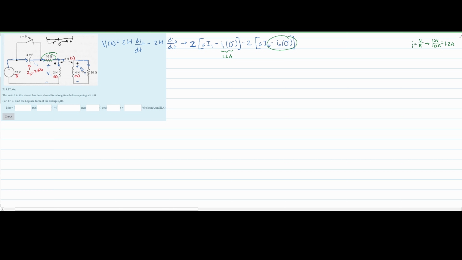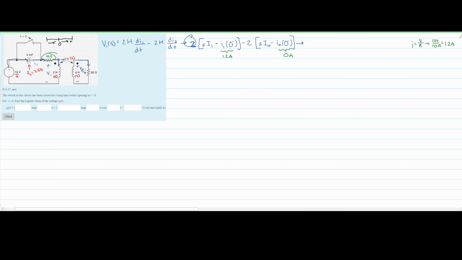Now for this I naught 0, the switch is closed. We have this capacitor absorbing. And so what that means is that for this I naught 0, we're just going to have 0 amps here. And so that is going to be our equation. Now we can rewrite this and factor in these 2's.